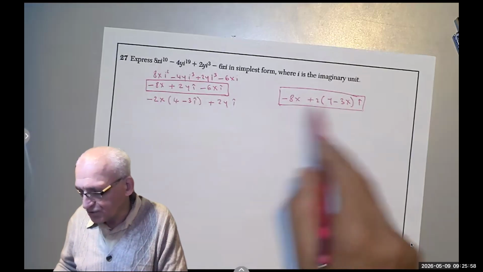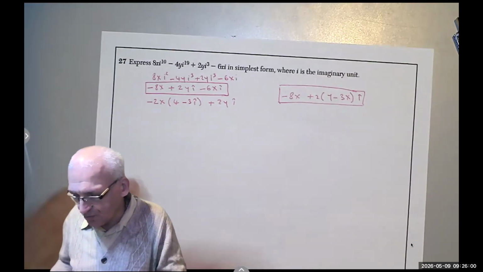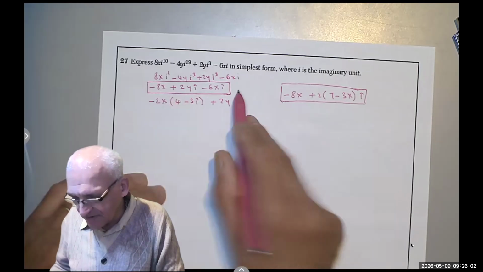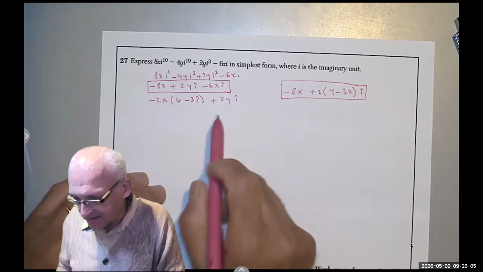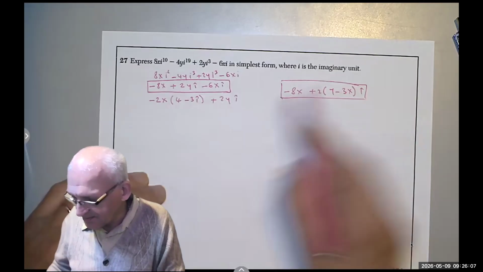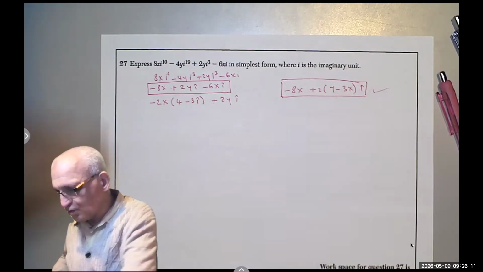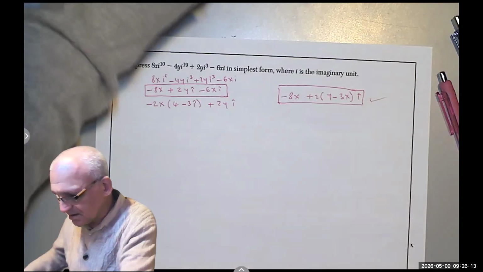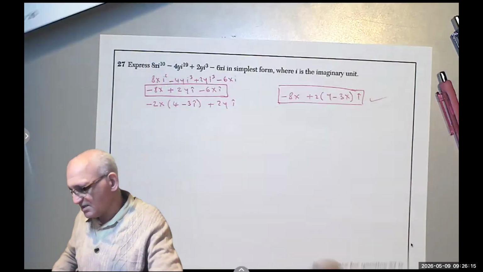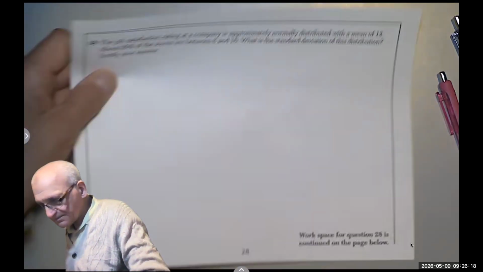This is the real portion, this is the imaginary portion, or you leave it like that, or you combine the x's and the y's. But I think this is like the norm, when we combine the real by themselves and the imaginary by themselves.